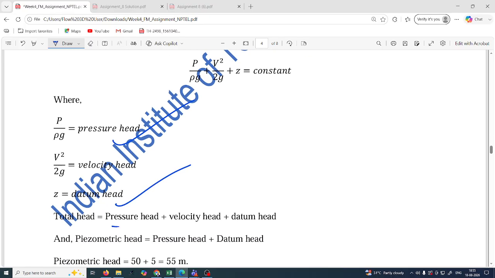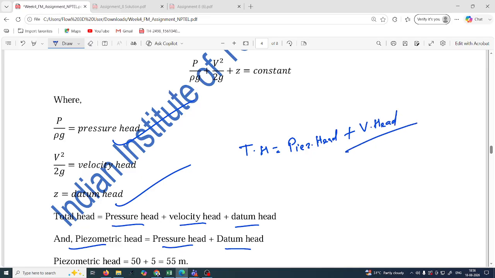Total head is pressure head, velocity head and datum head, and piezometric head is pressure head and datum head. One thing you can write very carefully from here: total head is nothing but your piezometric head plus your velocity head. So you can also remember this always, so you will not get confused.